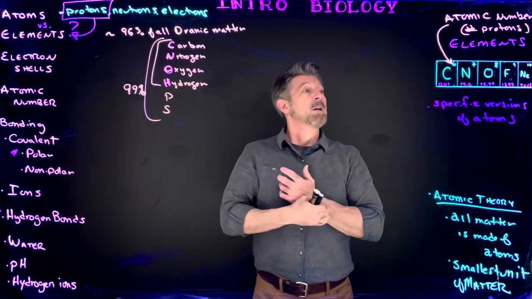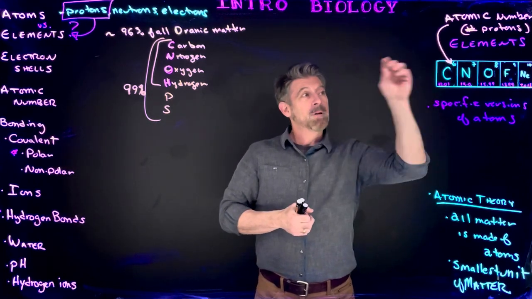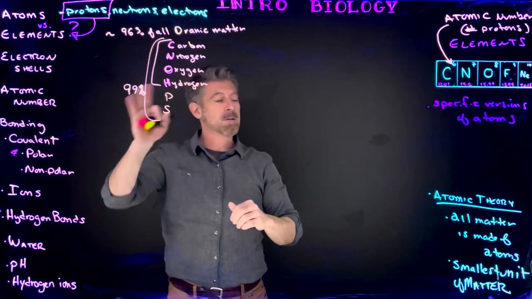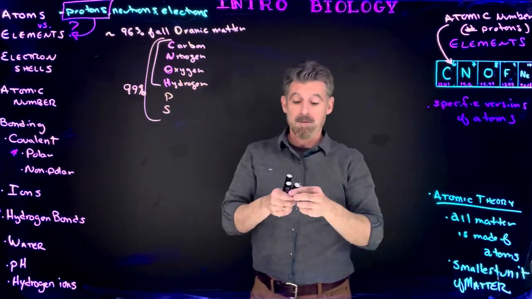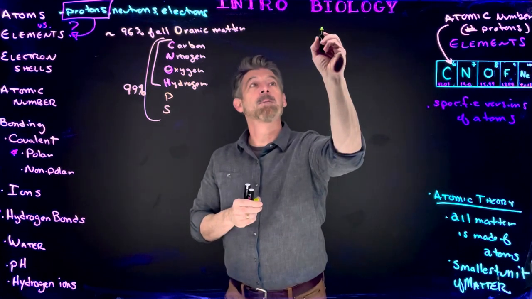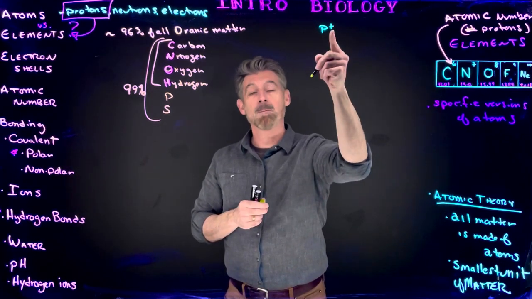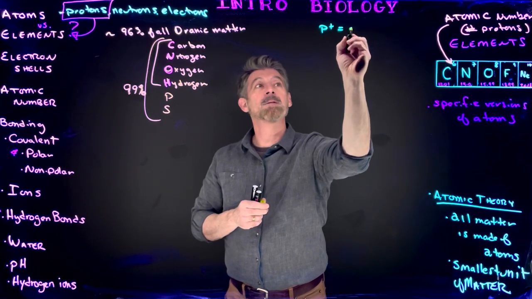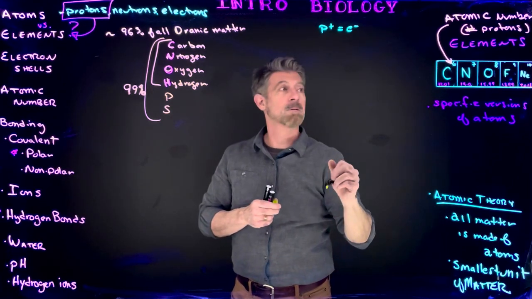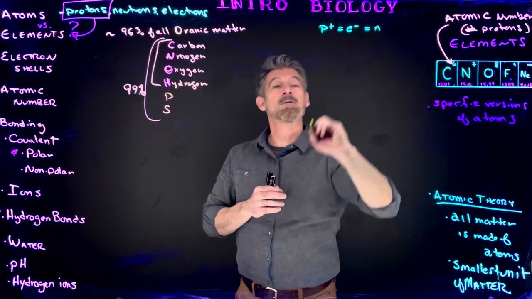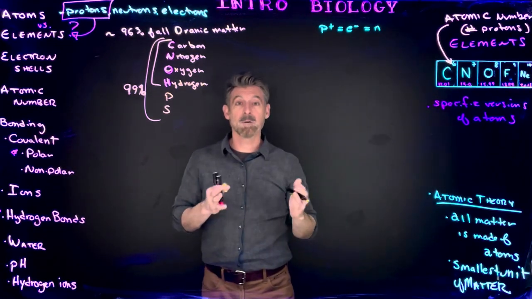All right. So what about this atomic number, the protons, and then these other things? So what about the electrons and the neutrons? Generally, for most elements, the number of protons, which are positively charged, so plus there, equals the number of electrons, which are negatively charged, and that's the same as the number of neutrons, which have no charge or are neutral.